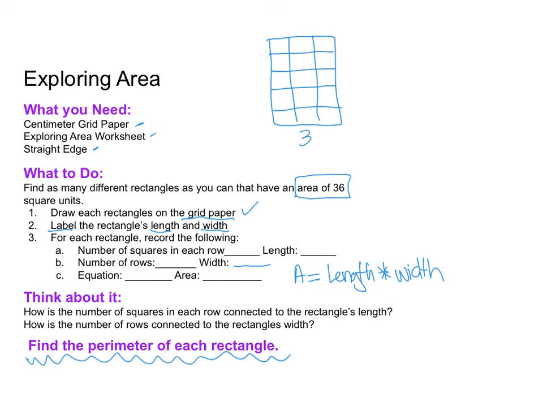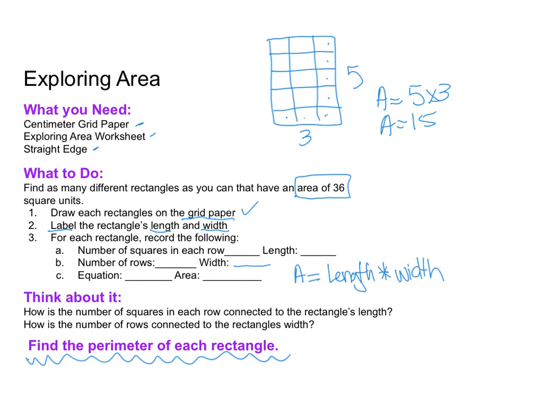That's 3, because I have 1, 2, 3 squares in a row. So if I was to write this, that's 3. And then I need to label the length, 1, 2, 3, 4, 5. So my length is 5. My equation would be area equals 5 times 3. 5 times 3 is 15. So my area equals 15.